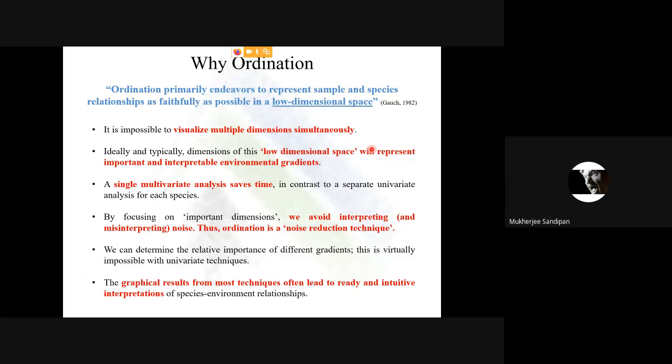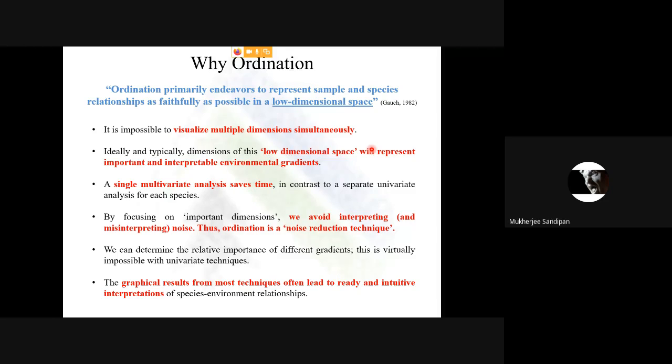Now, when we have such a different type of data set in community ecology, we use ordination. Why ordination? Ordination primarily endeavors to represent sample and species relationships as faithfully as possible in low dimensional space. So that is what I was trying to say from the beginning: when we do ordination methods, we reduce the dimensionality of the data. In physical processes, we know there is a term called degrees of freedom.